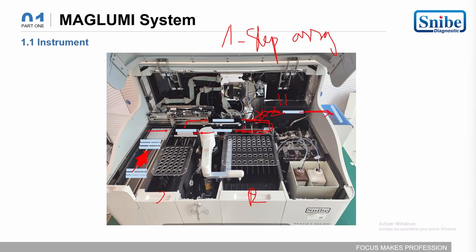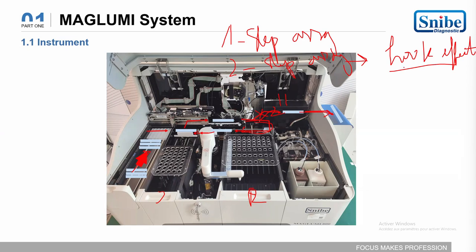So we have one-step assay and two-step assay. The two-step assay is used for some parameters in order to avoid the hook effect. The hook effect is when there is not a balance between the concentration of the antigen and antibodies in the sample.